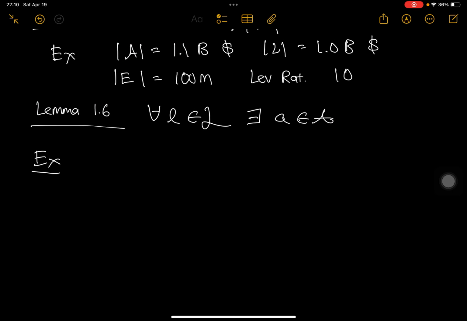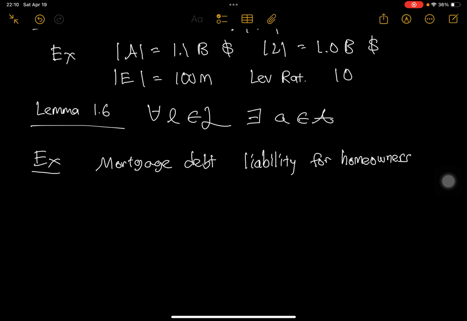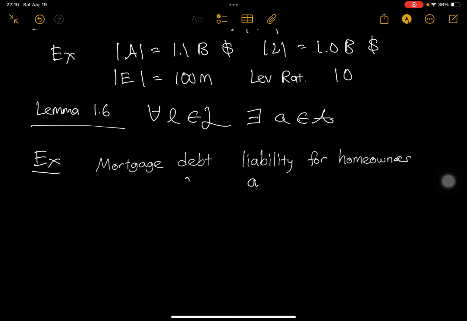We mentioned above a mortgage. Mortgage debt is a liability for homeowners, but obviously is an asset for banks.